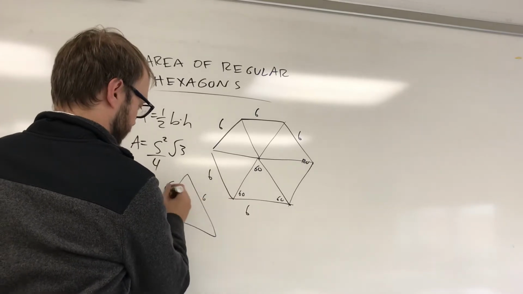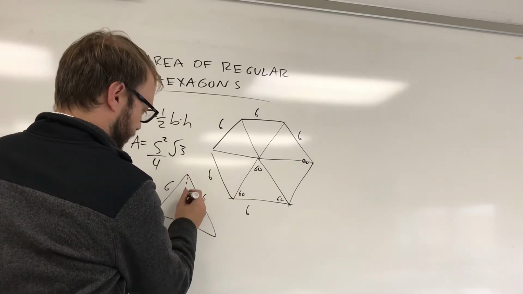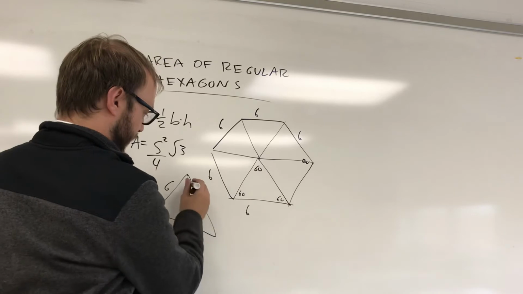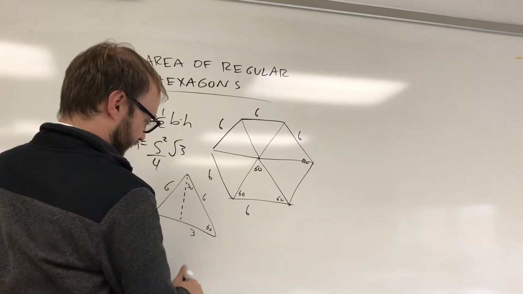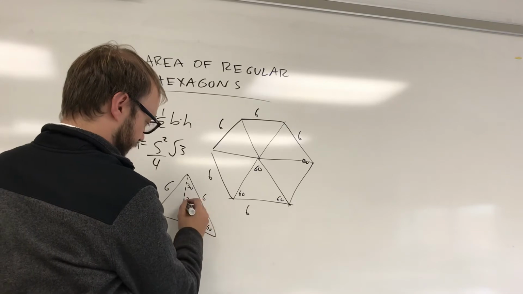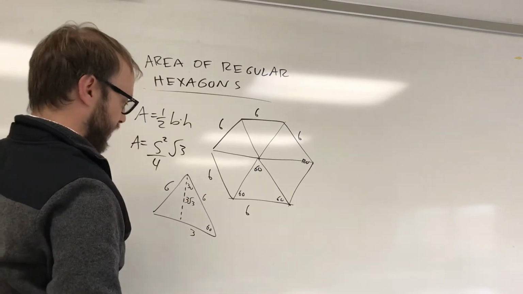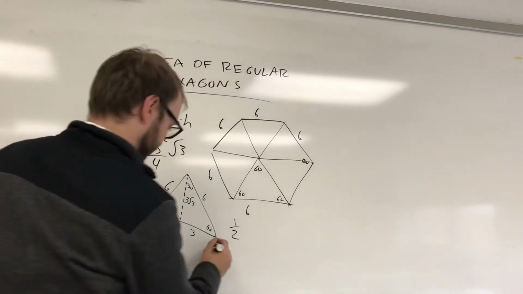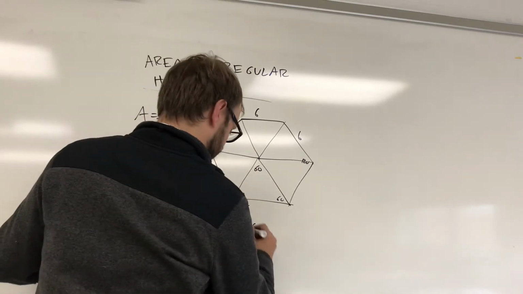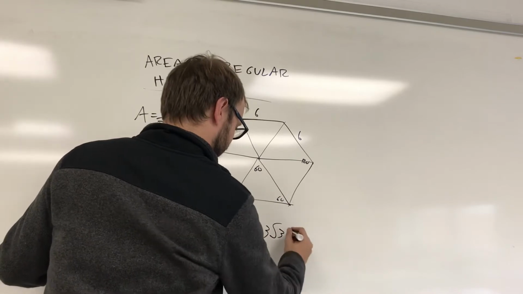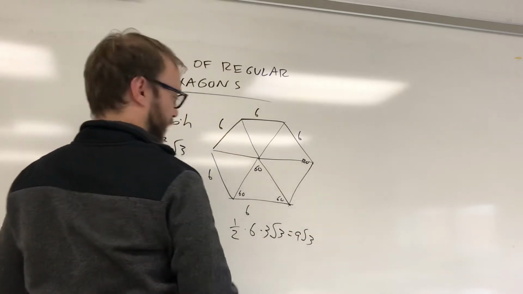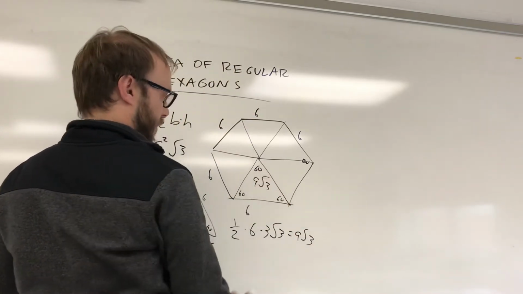So just using the basic approach, remember you can divide an equilateral triangle into little 30, 60, 90 triangles. So this length here is going to be 3, this side here is going to be 3 radical 3. So half the base length was 6, times the height of 3 radical 3, and I think we end up getting 9 radical 3 for the area of one of those triangles.